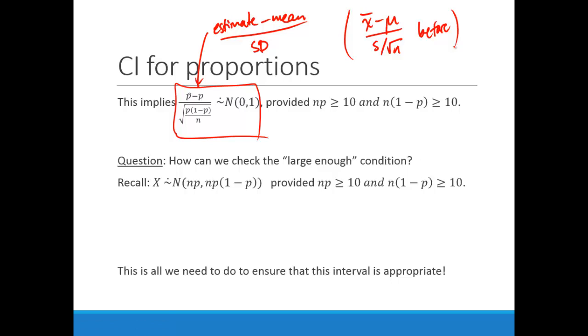Now we're just taking our estimate, which is now p hat, subtracting off its mean, which we just found was p, and dividing by its standard deviation. And again, that's our usual standardization formula. So that thing is going to have approximately a standard normal distribution. And that will be true as long as those conditions that we talked about a minute ago check out. So as long as n times p is bigger than or equal to 10, and n times 1 minus p is bigger than 10.